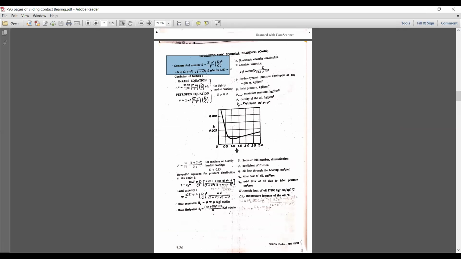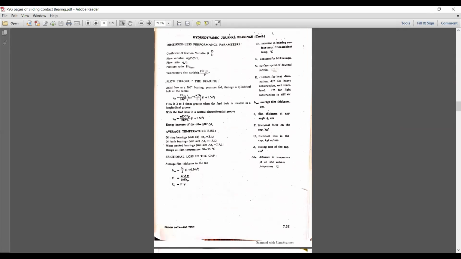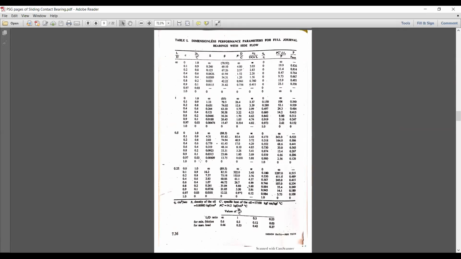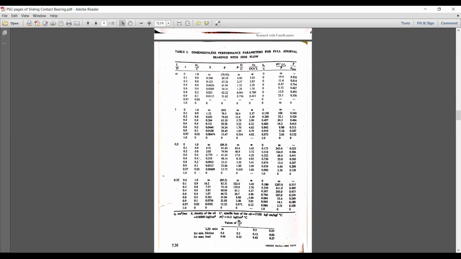Go to the PSG, open page number 7.36, where the dimensionless performance parameters for full journal bearing with side flow are given.